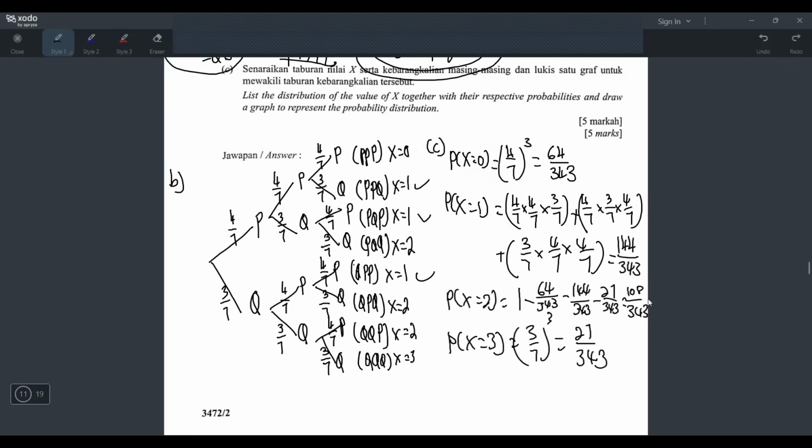Okay, I want to mention something. In the schema, they did it terbalik, because in the schema, dia jadikan the probability of success 4 over 7 and probability of failure 3 over 7.